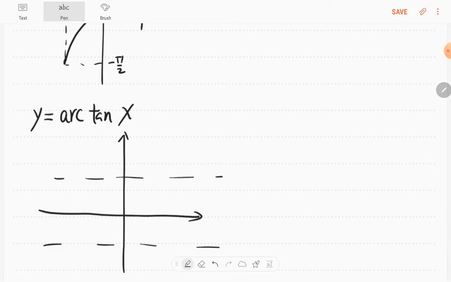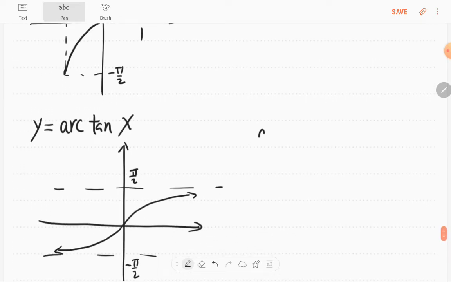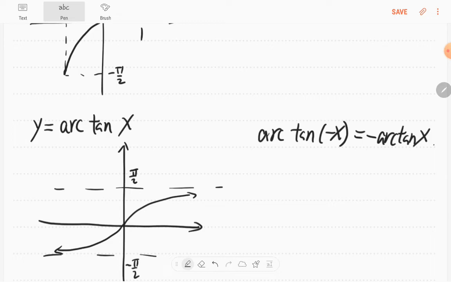This is pi over 2, and this is negative pi over 2. It's symmetrical with respect to the origin. So arc tangent of negative x is equal to negative arc tangent x. Sometimes this property can help you deal with the negative sign a bit.